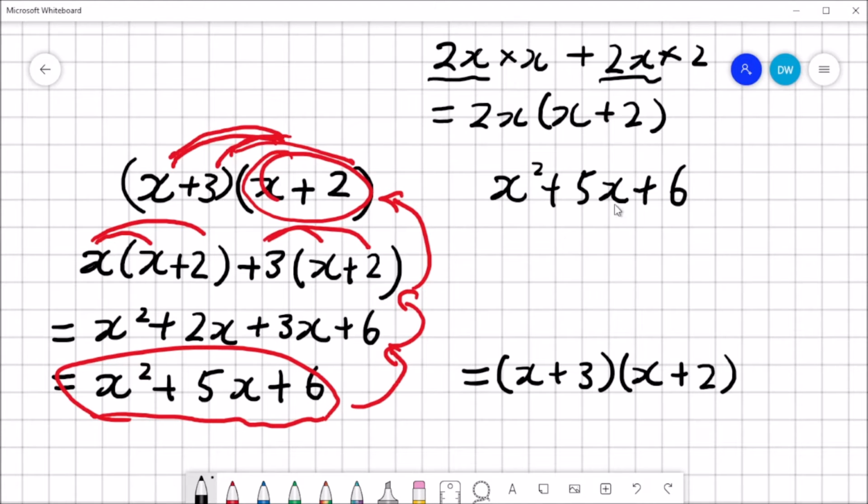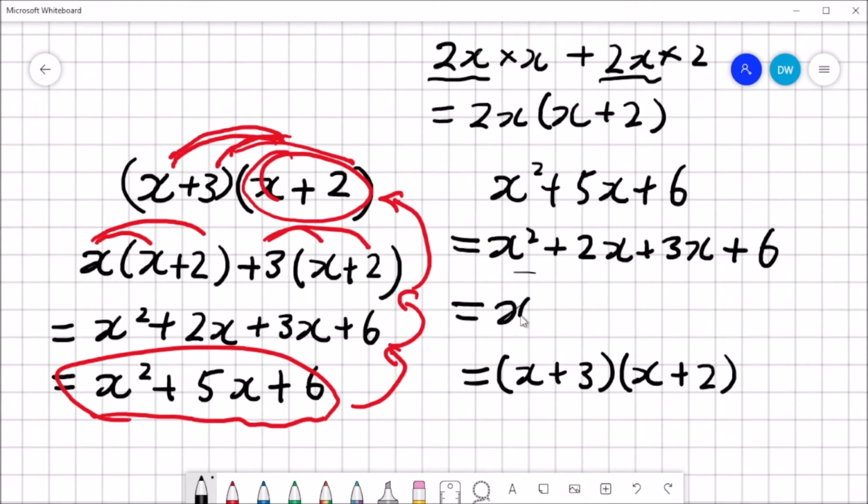Now, because we already know everything, we know that this 5x is composed of the 2x and 3x here. So we can say x squared plus 2x plus 3x plus 6. Then we can factorize this further.